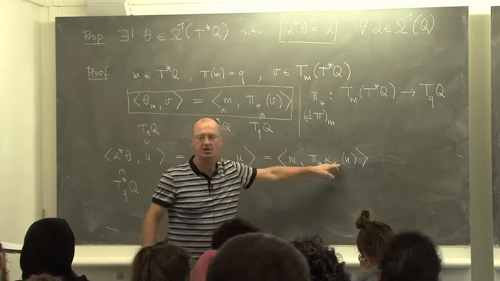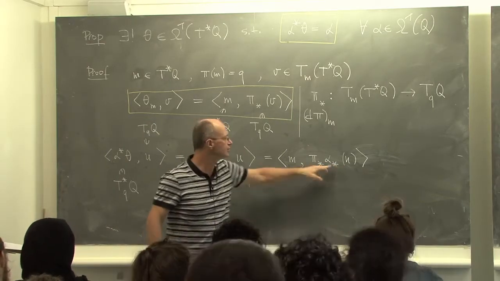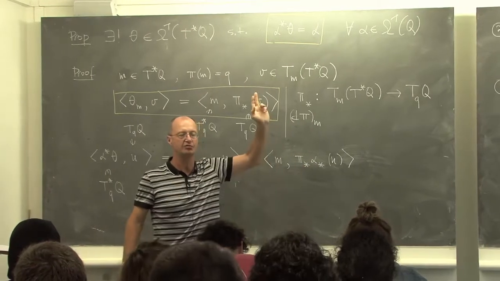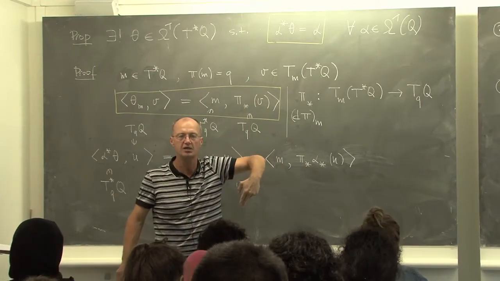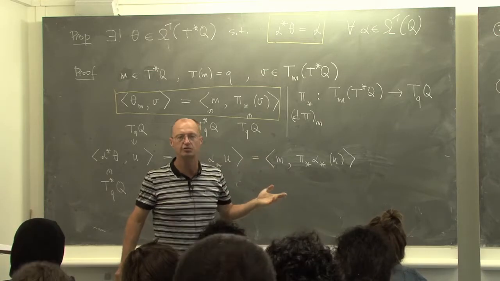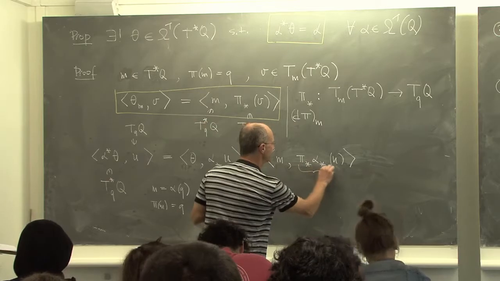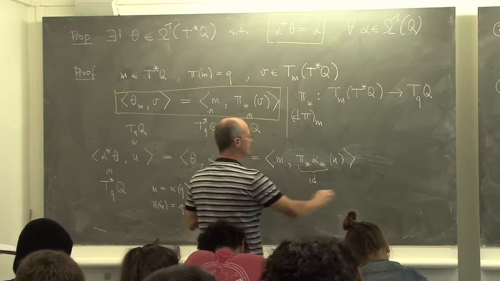But now this map is actually identity, right? Because if you go up with alpha and you go down with pi, you get the identity map. So the tangent of the identity map is the identity map. So this is simply identity.